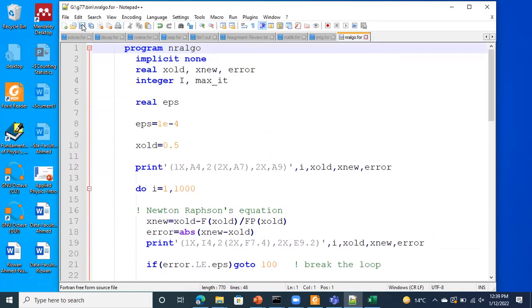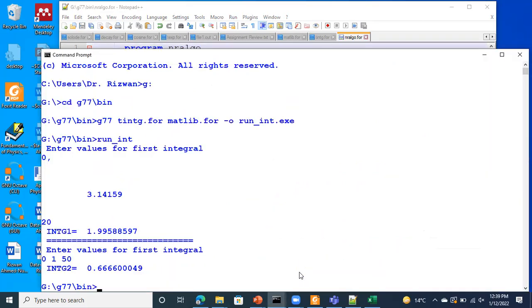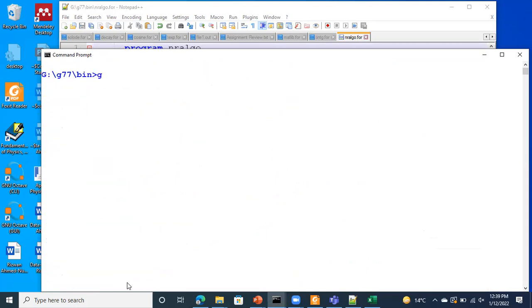Let's save it and see it's working. Behold, we are very close to enjoy our success. Newton-Raphson's algorithm dot f90, so Newton-Raphson's algorithm dot exe.